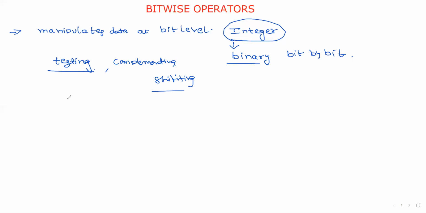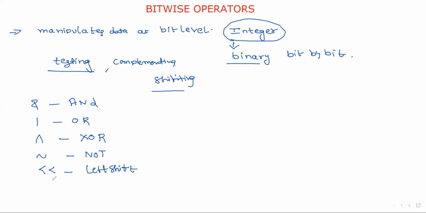Now, what are the different bitwise operators? Bitwise AND, single ampersand, bitwise OR, bitwise XOR, tilde symbol, that is bitwise NOT, left shift, and right shift.